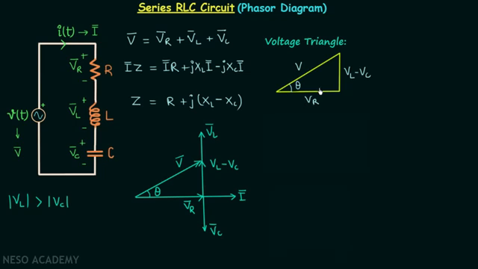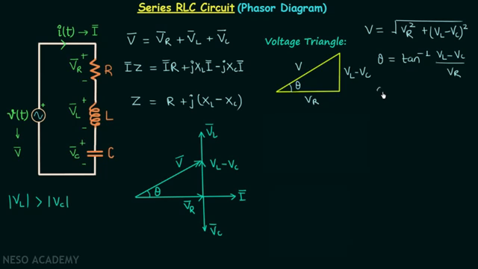From the triangle we can say that voltage V is equal to under root VR square plus (VL minus VC) square, and theta, the power factor angle, will be equal to tan inverse of (VL minus VC) divided by VR.